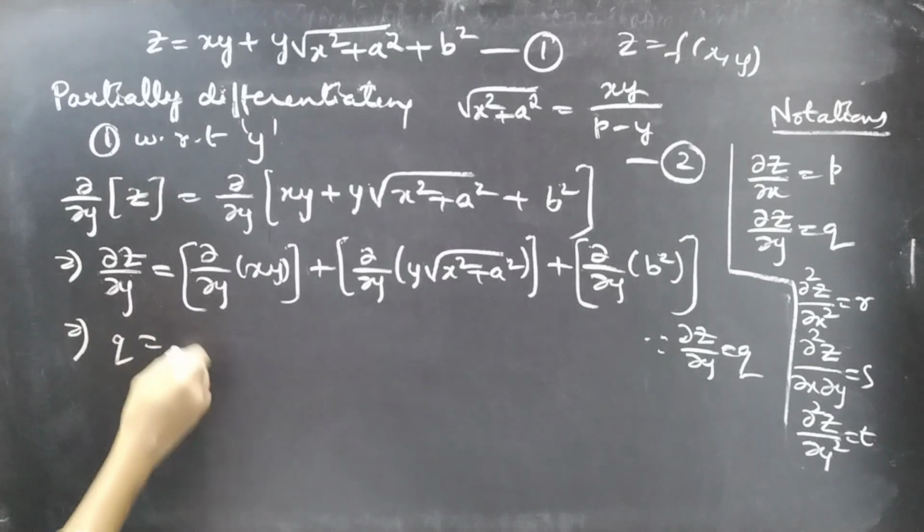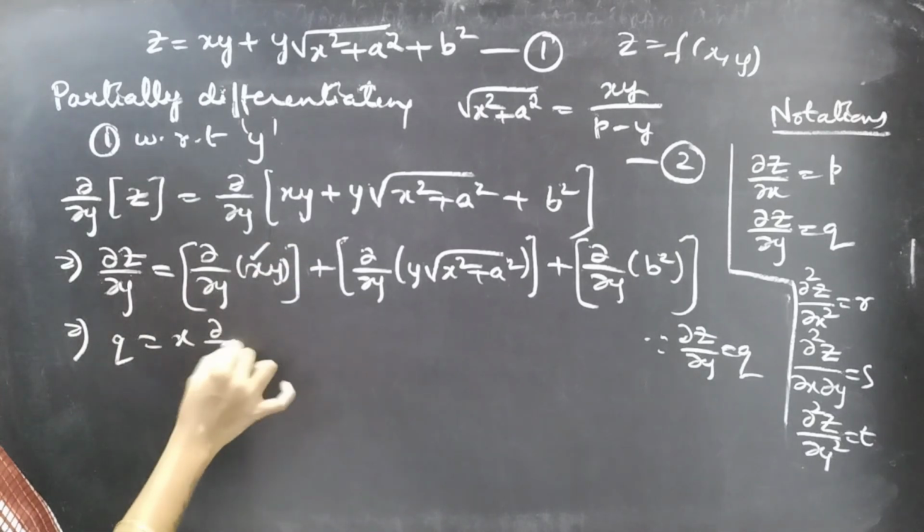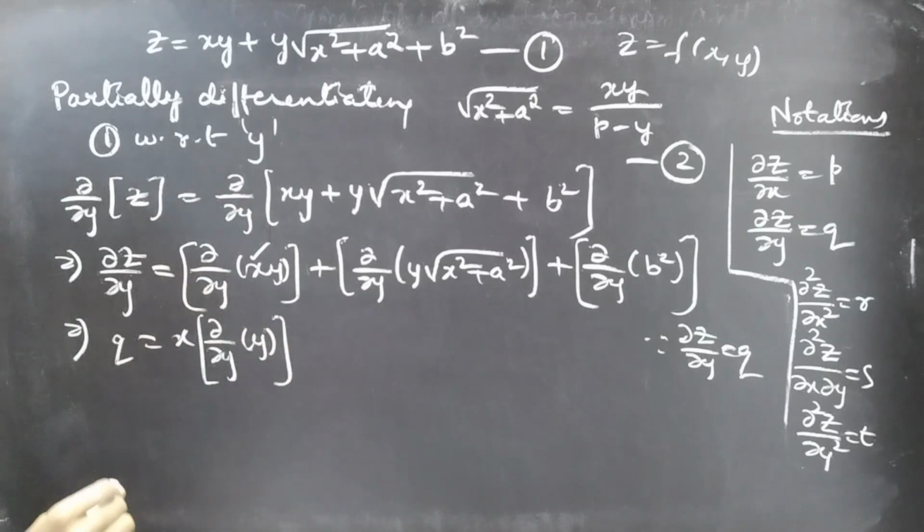We'll get q equal to, we can write this as constant into partial derivative of y with respect to y. Since we are partially differentiating 1 with respect to y, we'll treat x as constant.